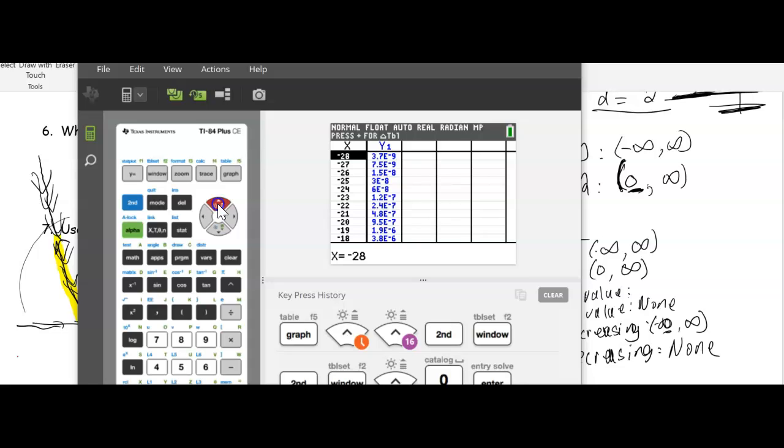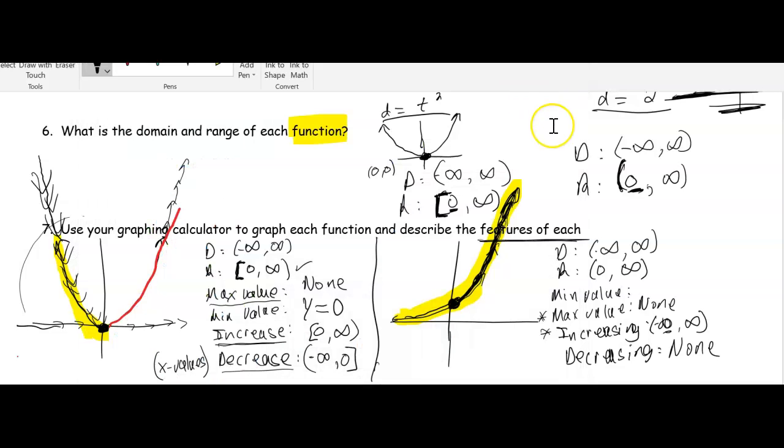You've been dealing with that for a long time. Notice how we're getting to the negative 10th power. Eventually we'll go to the negative 11th. That number continues to get smaller and smaller. It's getting closer and closer to 0. But the fact that it never actually touches 0, and if you got this, good on you, because that's not easy. You would say there is no minimum value here. Okay, and if you got that, you understood that, that's really good. All right, we never touch that x-axis. We just get smaller and smaller and smaller. Okay?